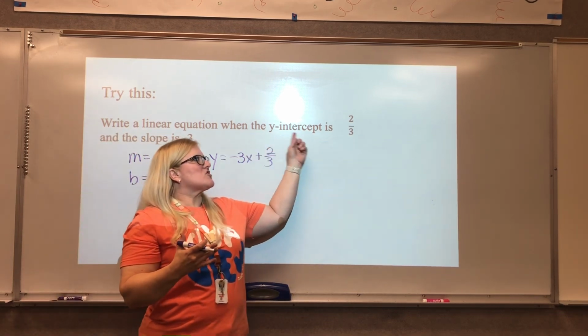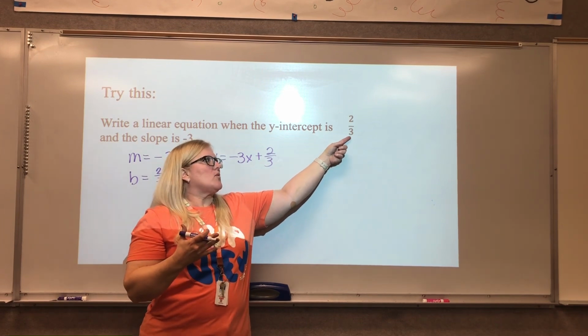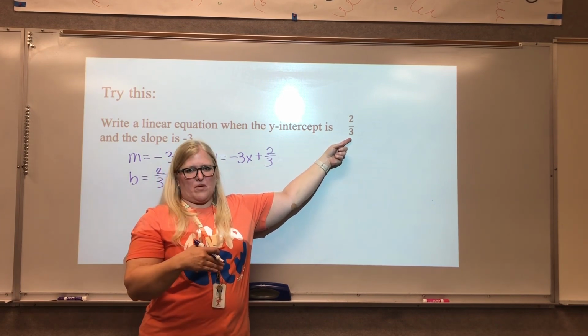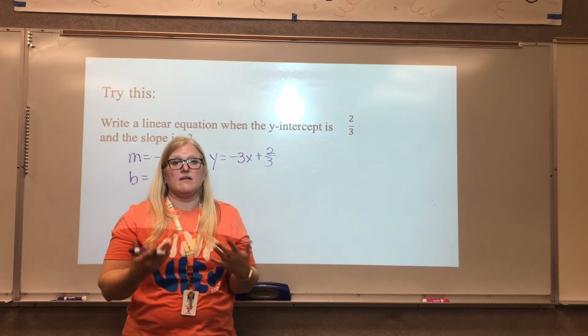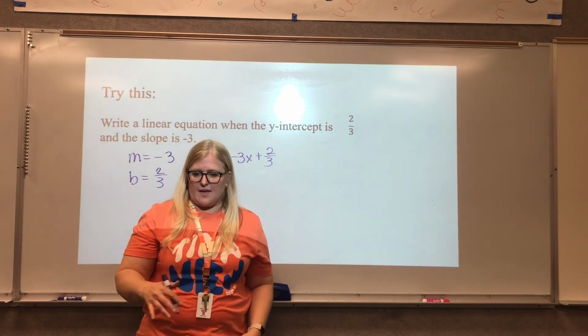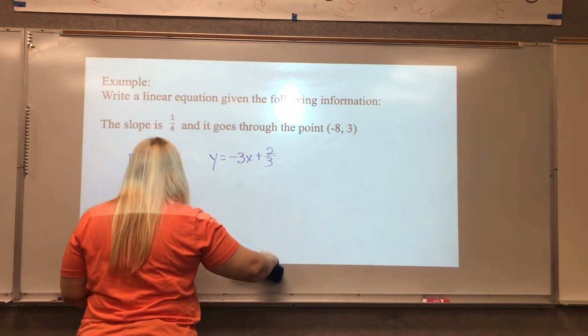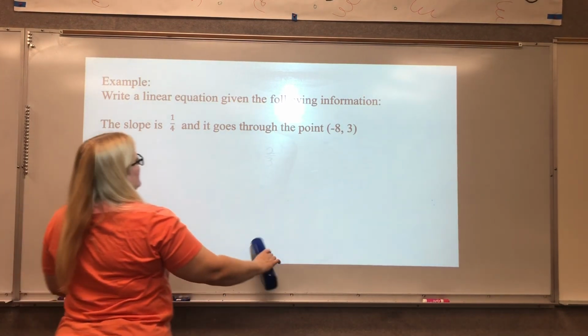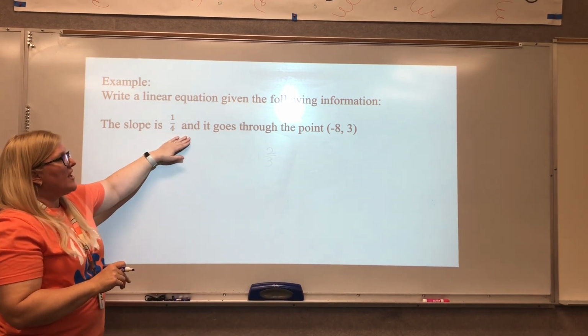I wanted you to make sure that you read what each thing was, because typically when we have a fraction, that's our slope. But in this case it wasn't, and I just wanted to make sure that you read the problem correctly.